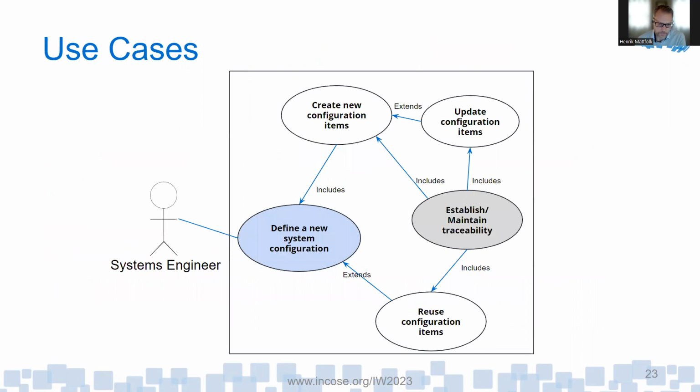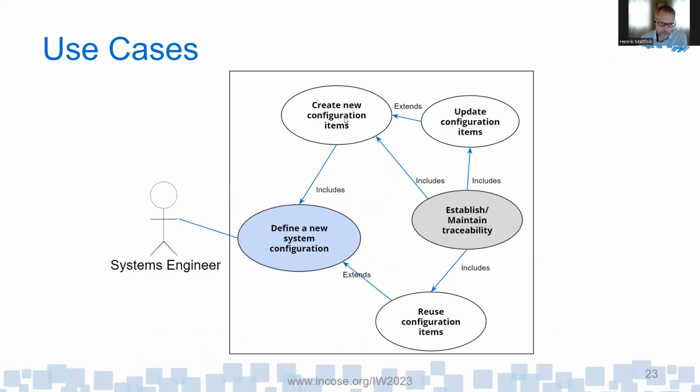So the first one, define a new system configuration, that contains a couple of sub use cases. And when we do that, we probably need to create some new configuration items, and we need to update configuration items, and we're also reusing configuration items.